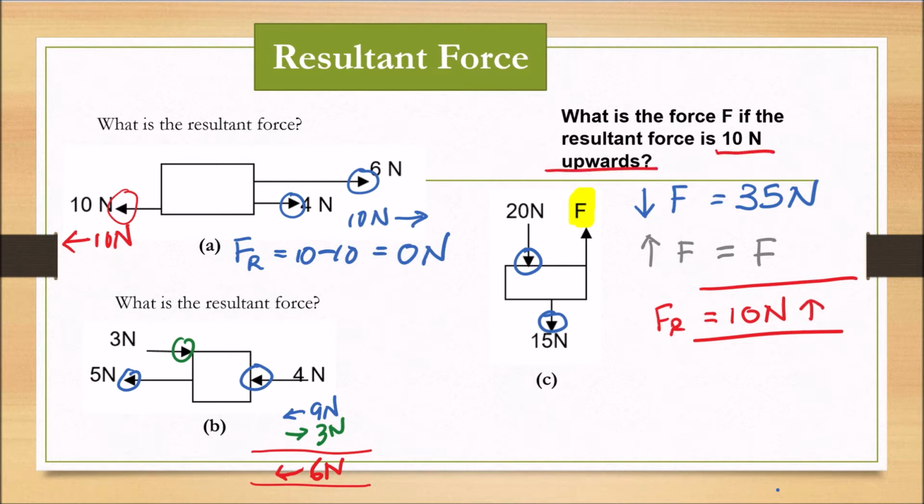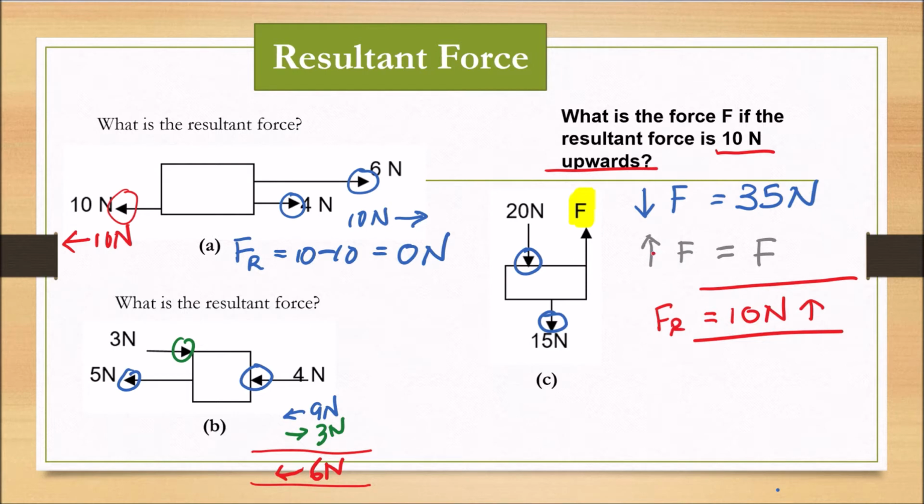So your resultant force is 10 Newtons upwards. Because the resultant force is upwards, I would know that the upward force is bigger than the downward force, because the resultant force always follows the direction of the bigger force. In this case, the bigger force will be F.